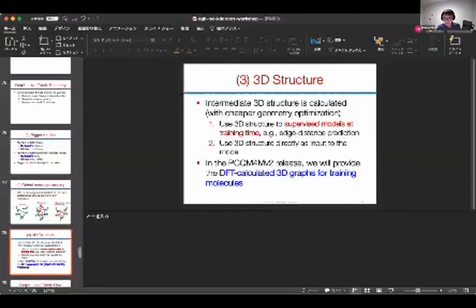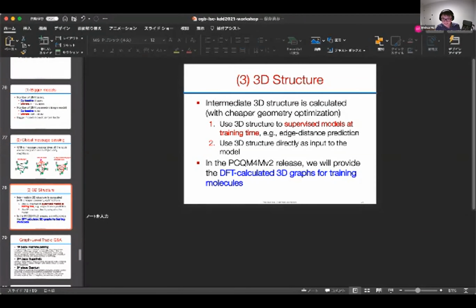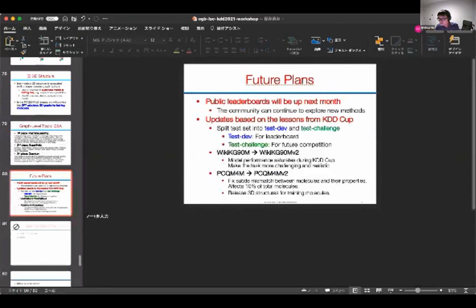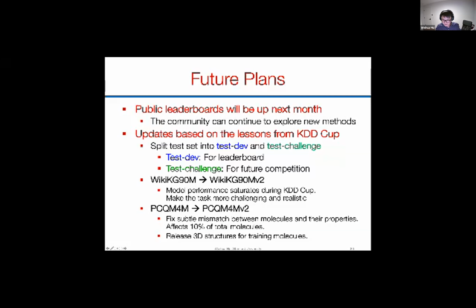Finally, let me present one update from the OGB Large-Scale Challenge team. So, the future plan. A very short one-page slide. The challenge datasets were originally designed for KDD Cup, but due to a lot of interest from the community, we're going to release public leaderboards, hopefully next month, so that the community can continue to explore new methods on the datasets, and we still hide the test labels.